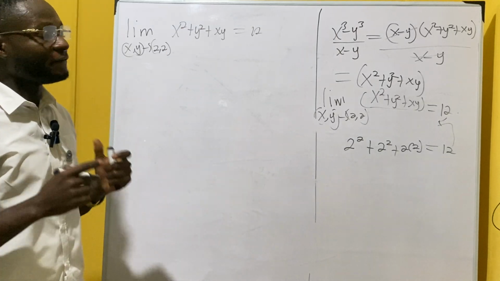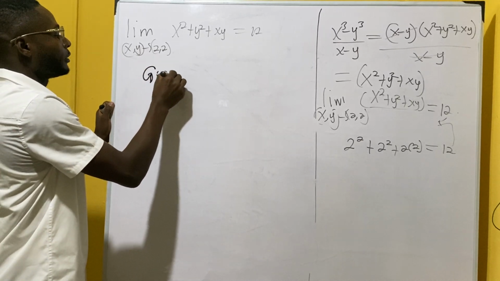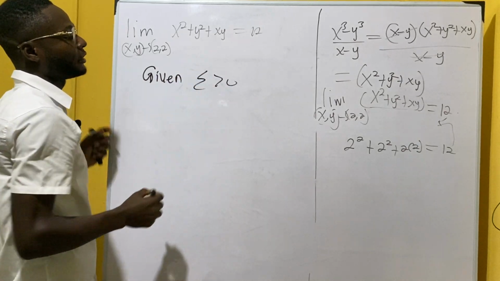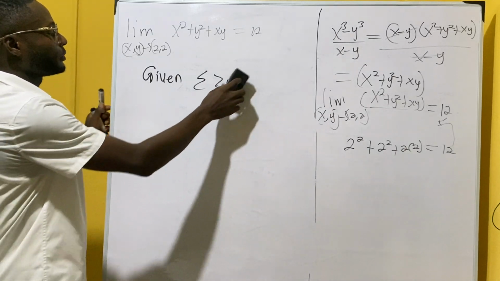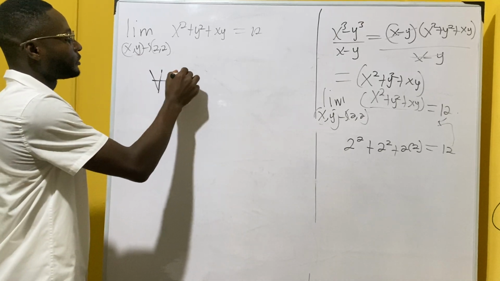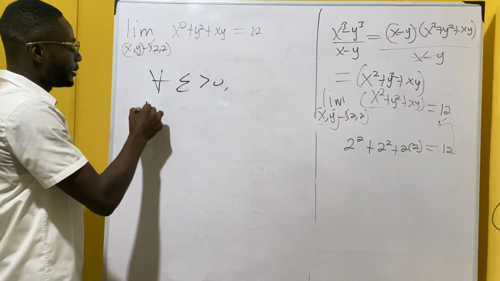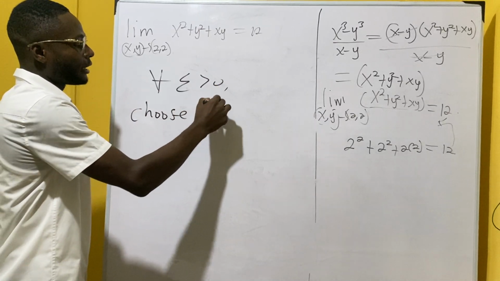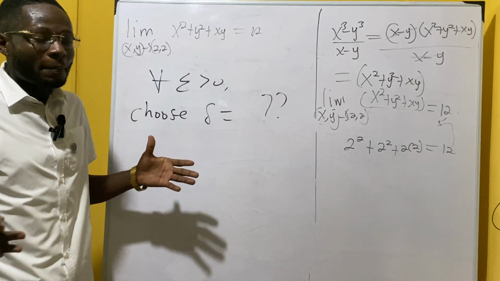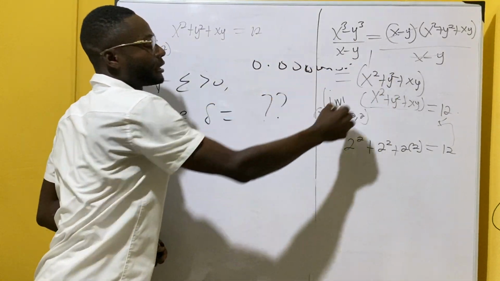First, you have to write your definition: given epsilon greater than 0, or you can decide to write, for all values of epsilon, it must be greater than 0. Then we choose delta. But how can we choose delta? For me, I can decide to say that delta is 0.00000001.